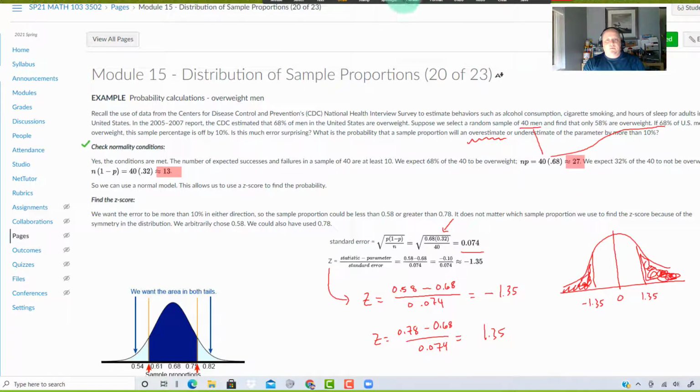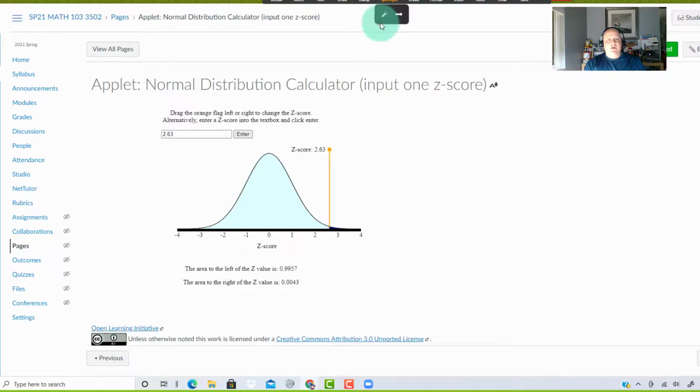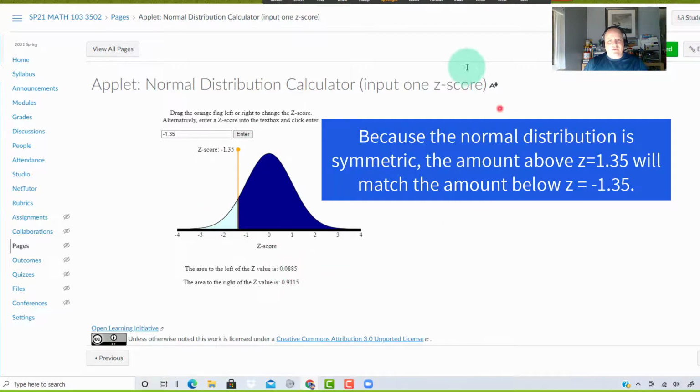So we go back, grab our fantastic tools that we have available to us in this applet, and we can type in 1.35, and notice that the portion above is 0.0885. I could also enter a negative and try it on the negative, and the portion below that is 0.0885.